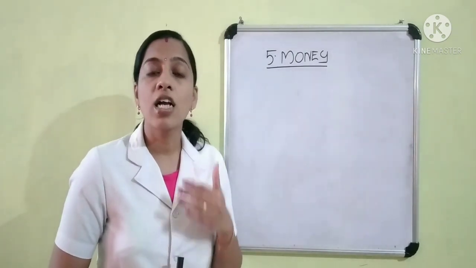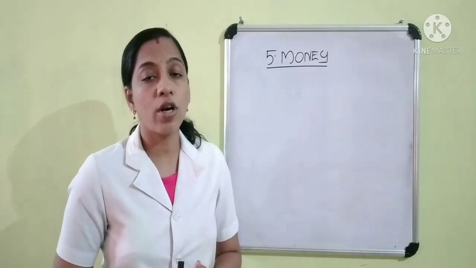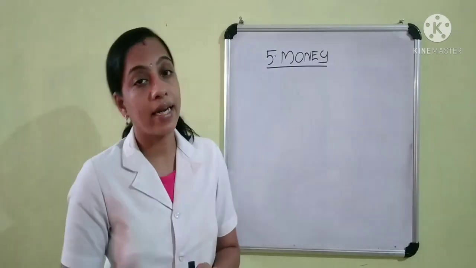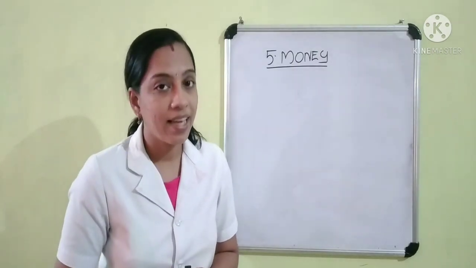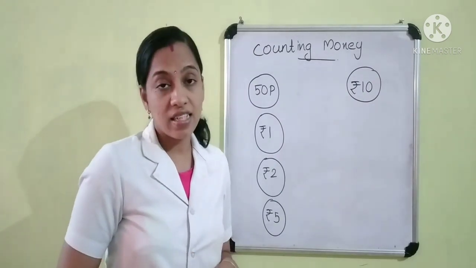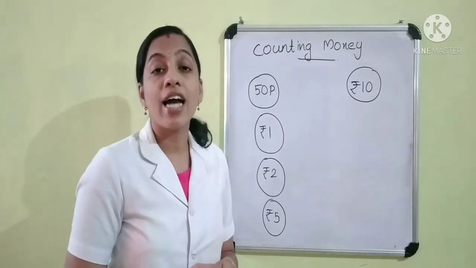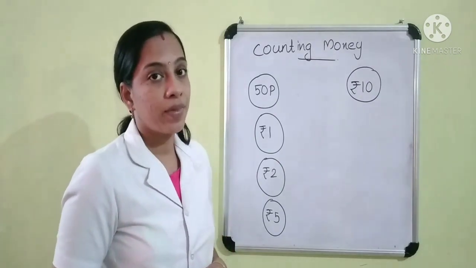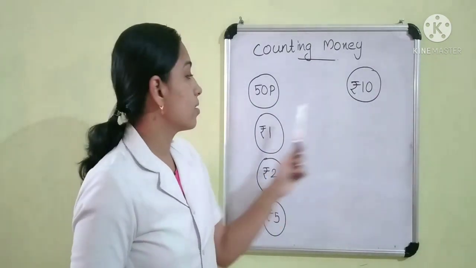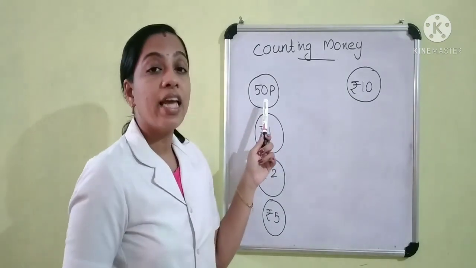See children, counting money is very important in our life. So let us discuss how to count money. Are you ready? Yes. Did you observe that on each coin and currency note there is a number that shows its value? Let us see. Here you can see some coins. The first one, 50p.